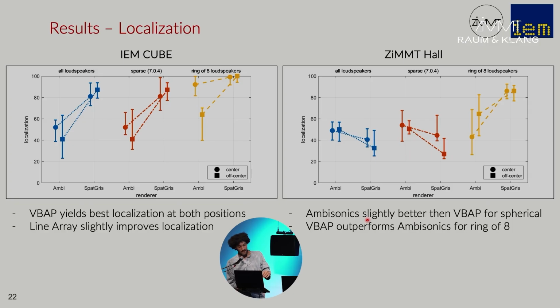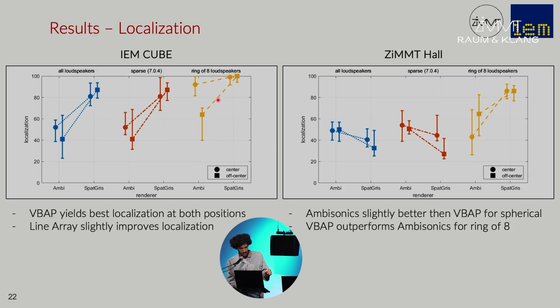Looking at the IM cube, we could see that both the renderer and the layout had an effect on the localizability. At the IM cube, VBAP quite strongly outperformed Ambisonics. This is the case since the virtual loudspeaker positions, or source positions, were placed directly on the loudspeaker positions, and therefore just a single loudspeaker was active, which means that we get the sound right away from that direction.